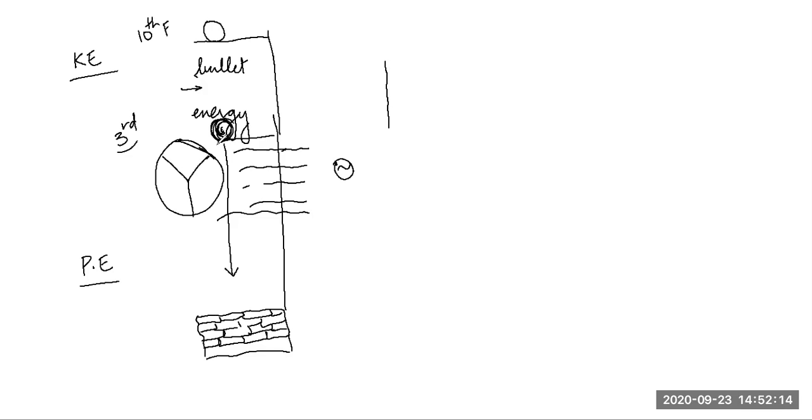Now, the mass of the sphere has not changed, but the energy of the sphere has changed. Why is it more destructive? Because on the 10th floor, maybe the energy possessed by the sphere is more. Am I right? Yes, sir. But the sphere is not moving.